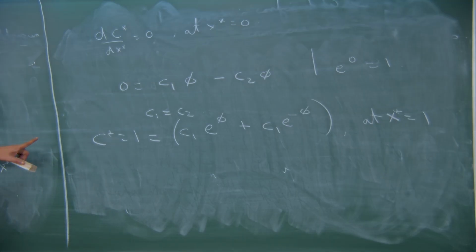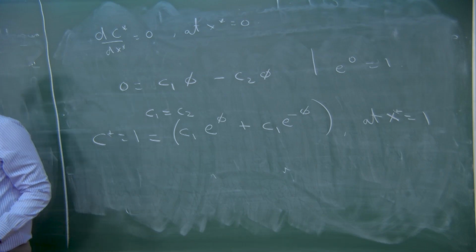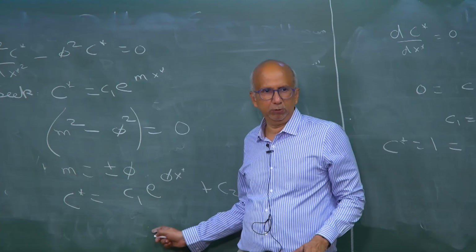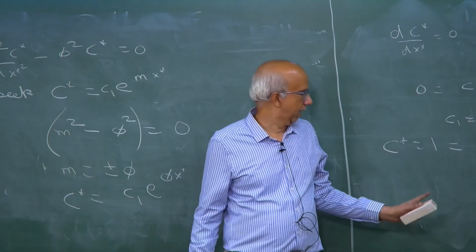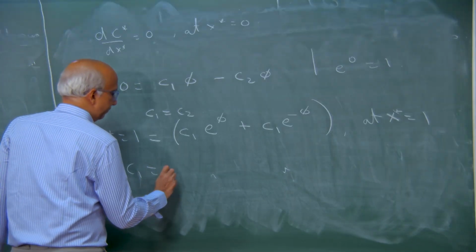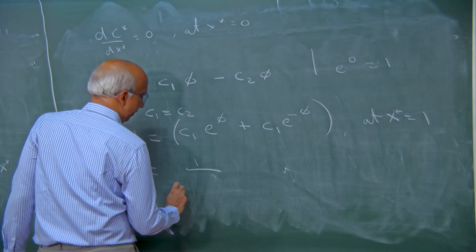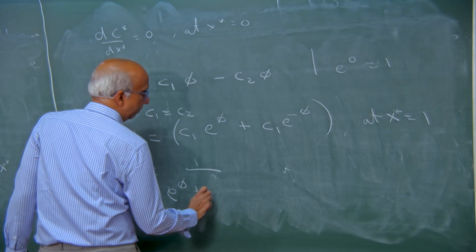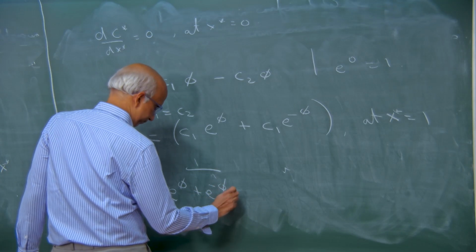I am evaluating this at x star equal to 1. I know C star is equal to 1, so I get C1 is 1 divided by e power phi plus e power minus phi.